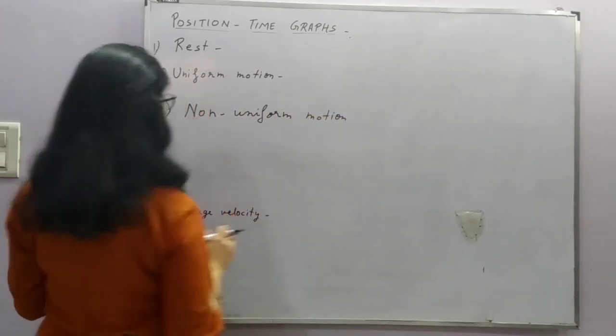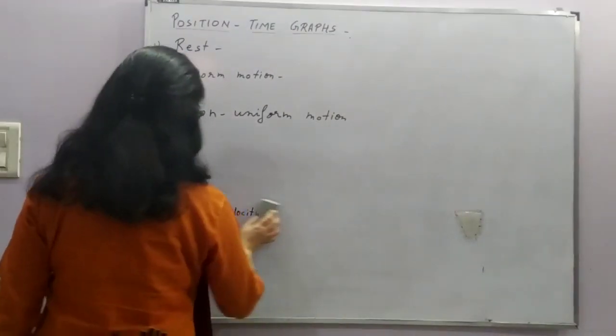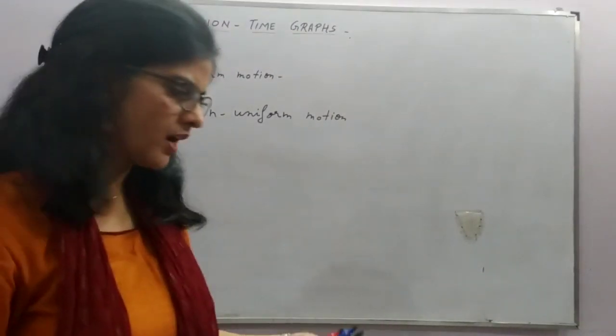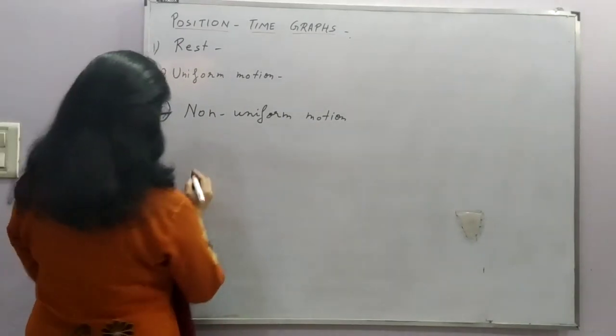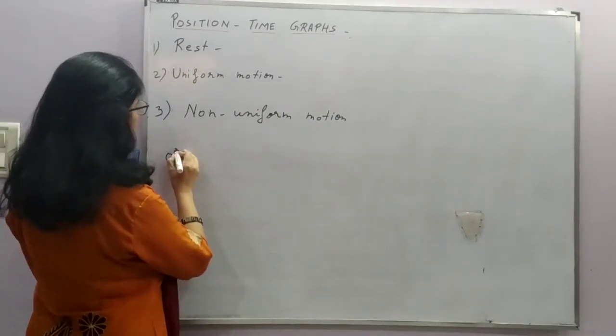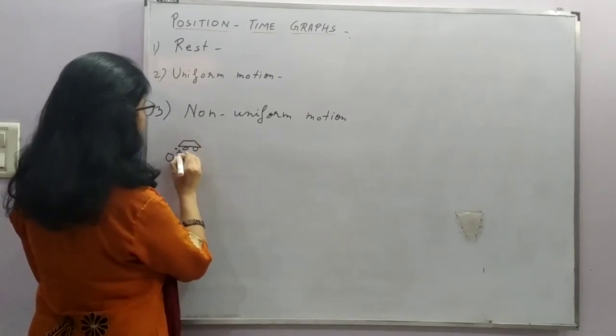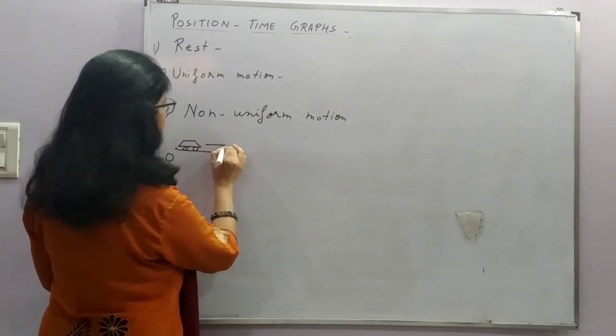Then how can we understand this? Let's take an example. We all have our vehicles at home. When we start from our home, suppose we have a car, right? It's standing at home. We take out the car. We start accelerating it. So it starts moving.